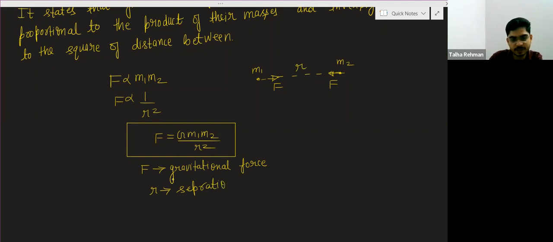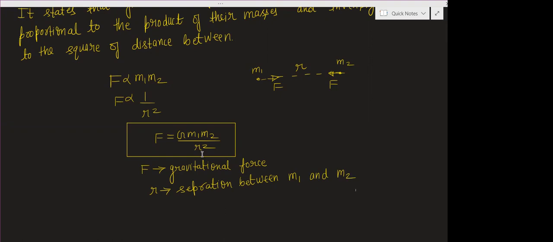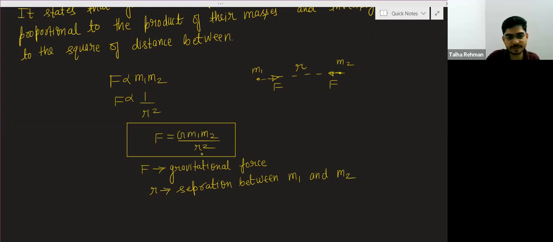R is the separation between M1 and M2. So this is the gravitational force. I will represent the gravitational force with Fg. Fg is the gravitational force.